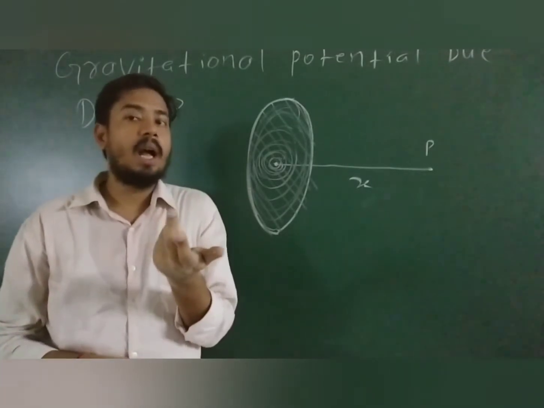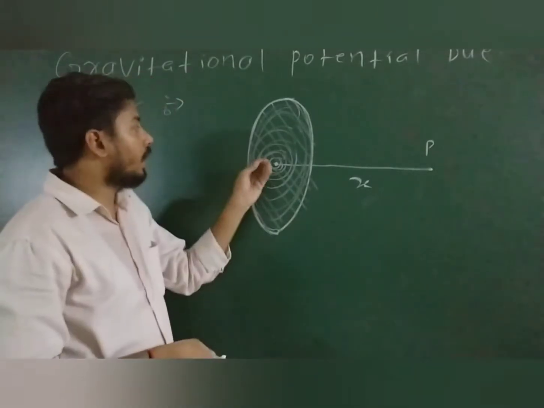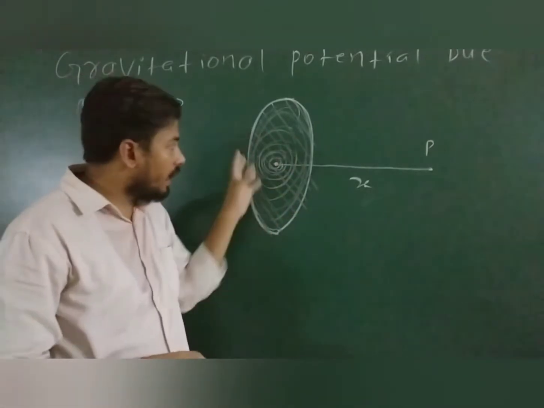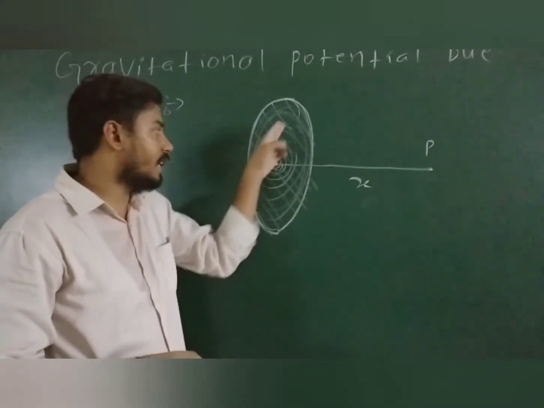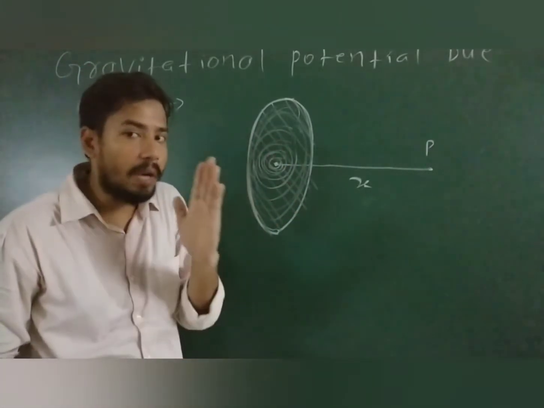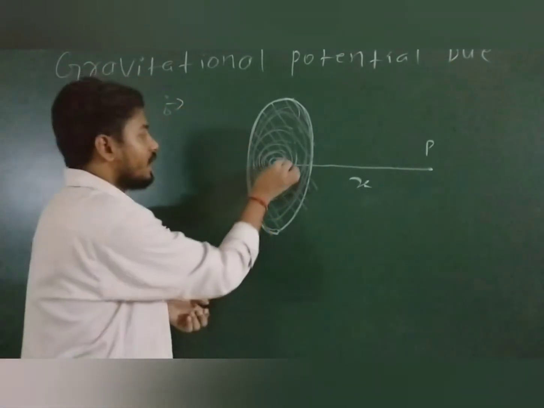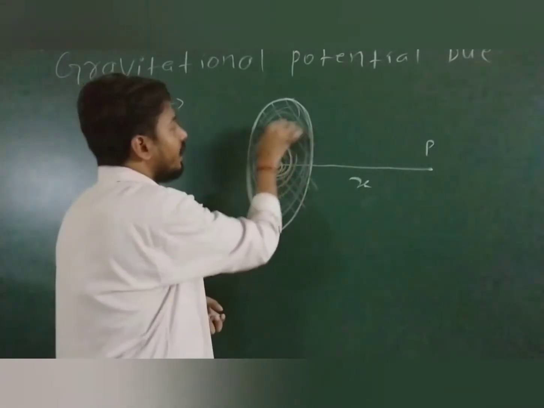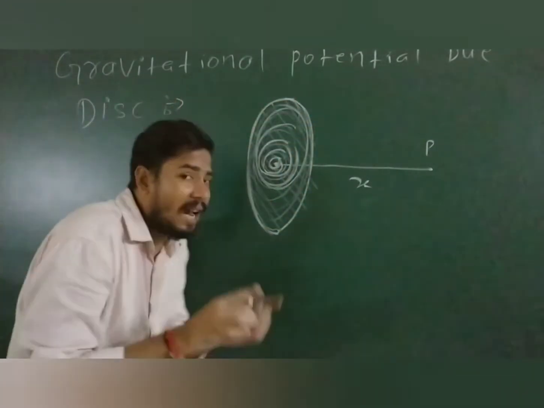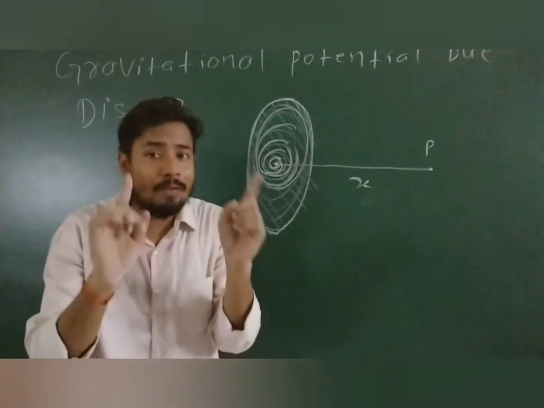So I will take the gravitational potential due to any ring, because the rings have various radius. After that we will integrate. This is one ring, this is another ring, another ring. So the disk is made up of rings of various radius.